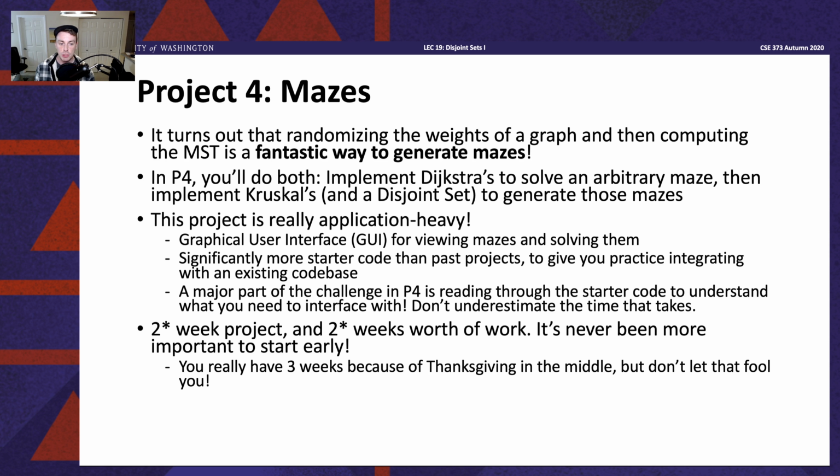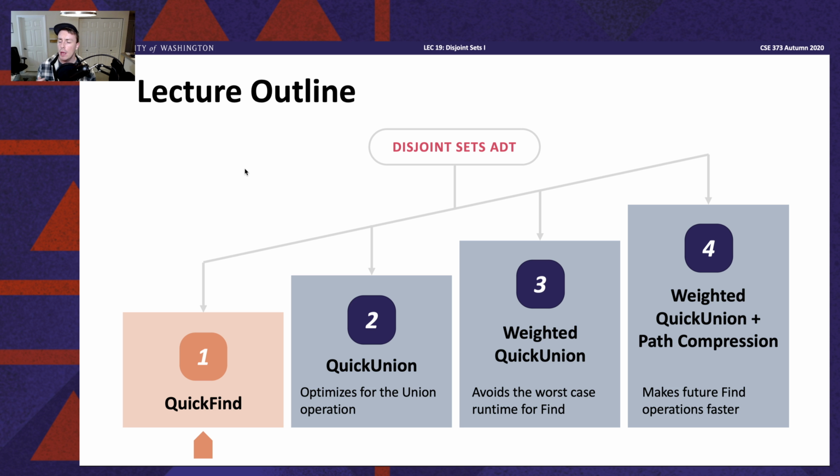That's kind of my spiel on project 4, kind of what we're doing with these, how we're going to use these disjoint sets and this idea of Kruskal's algorithm to build up mazes. Now, to give you a bit of an outline for what we're doing for the rest of today in these videos, I've described the disjoint set ADT, and just like when we talked about hashing, I want to iteratively develop a solution to this disjoint sets ADT.